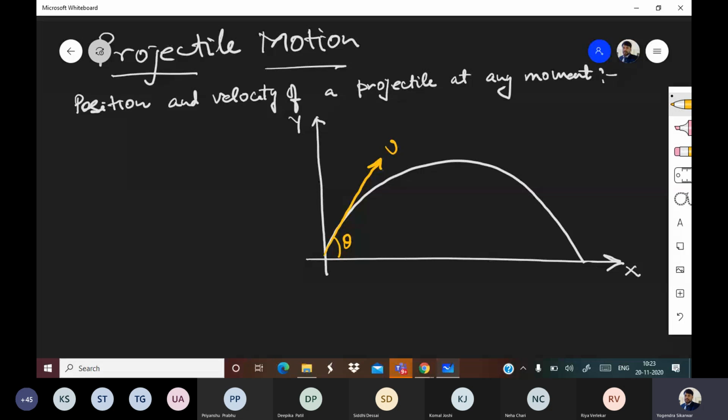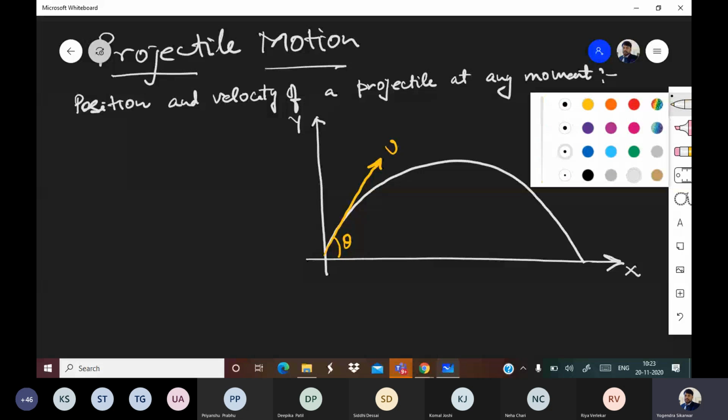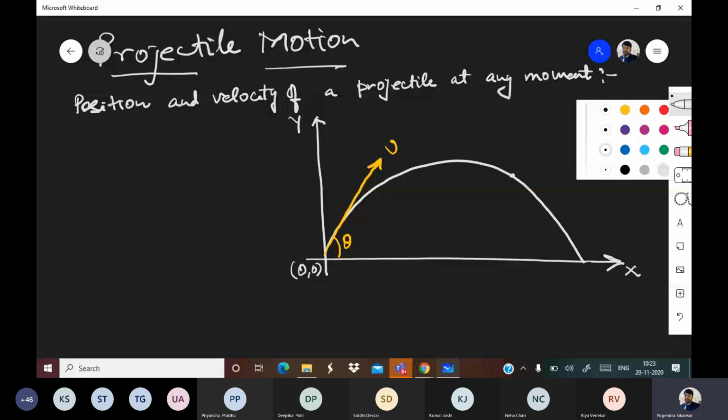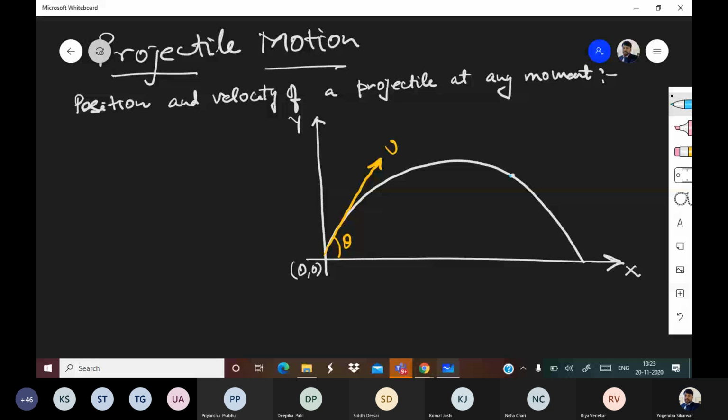Okay, this is 0, 0. Now at any time t, suppose the particle is here at point P, x, y. So we are going to find x coordinate also. We are going to find y coordinate also.